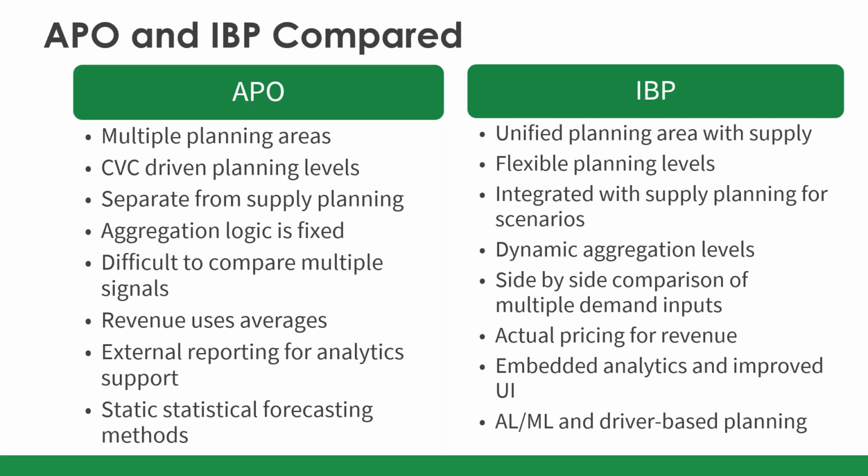And then obviously you've got advanced capabilities, machine learning and driver-based planning within IBP that's just not available within APO. Yeah, and that goes to Todd's point. While SAP will support APO, there is not much investment dollars, if any, getting funneled. So you get what you get.